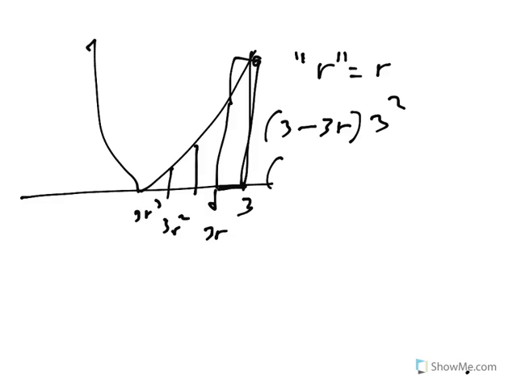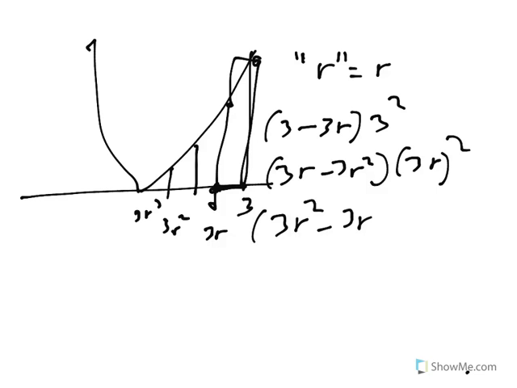And the height is 3, so it's 3 squared. The second rectangle's width is 3r minus 3r squared, but its height, if this point is 3r, is (3r) squared. And the third rectangle is 3r squared minus 3r cubed. That's this little distance. And the height is going to be (3r squared) squared.